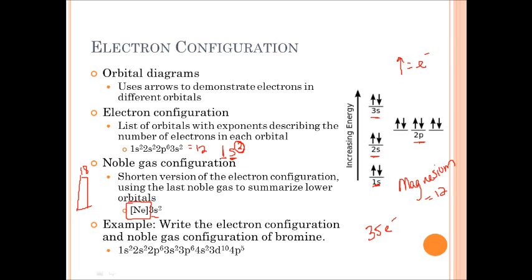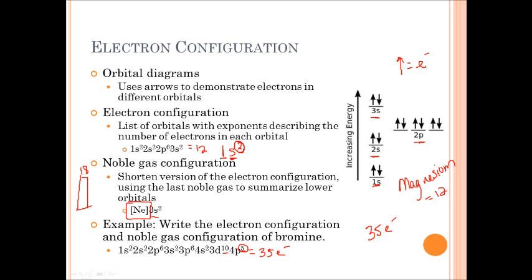Okay, so 2 plus 2 is 4, plus 6 is 10, plus 2 is 12, plus 6 is 18, plus 2 is 20, plus 10 is 30, plus 5 is 35. So we have used up all of the electrons that we have.